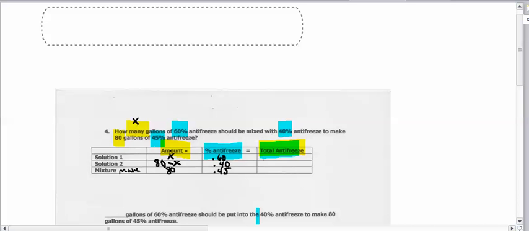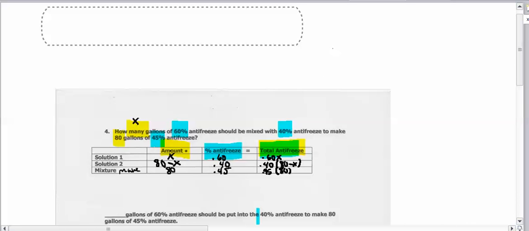Same idea. Let's go ahead and just write it as 0.60 times x, 0.40 times 80 minus x, and then 0.45 times 80. And I'm going to do a little bit of work up here.